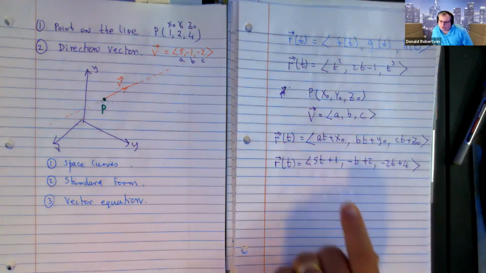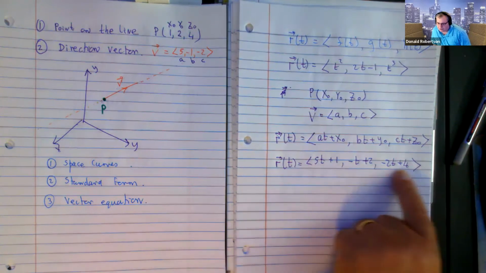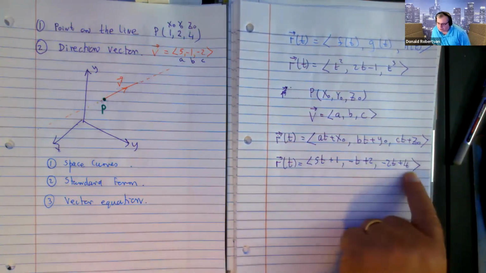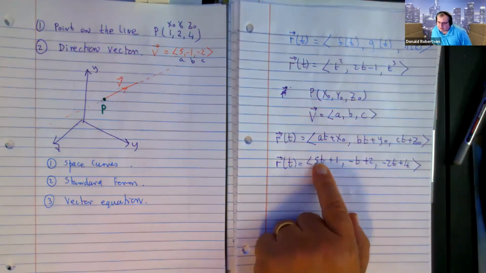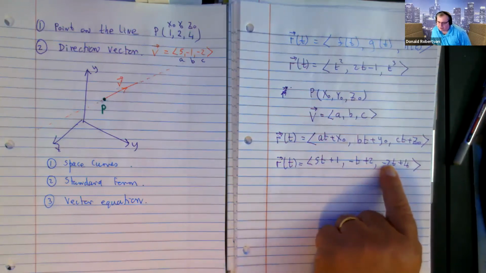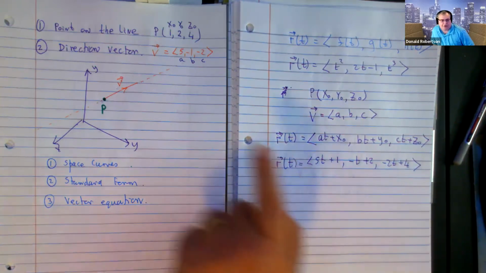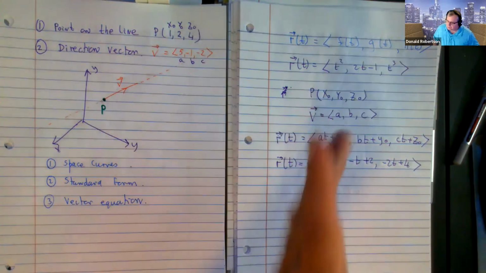So do you see how you create the equation of a line in 3D by using a parametric equation called the space curve? It's A, B, C, the direction vector, attached to the t's, and the 1, 2, 4 is essentially that point. Give you an example.